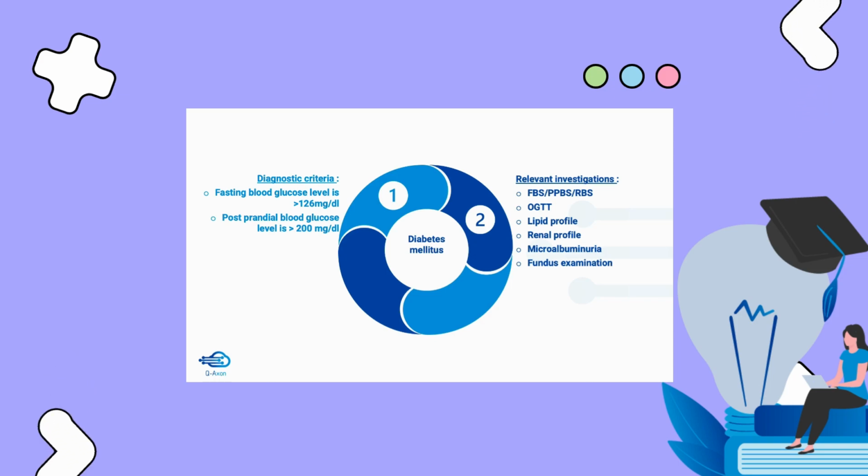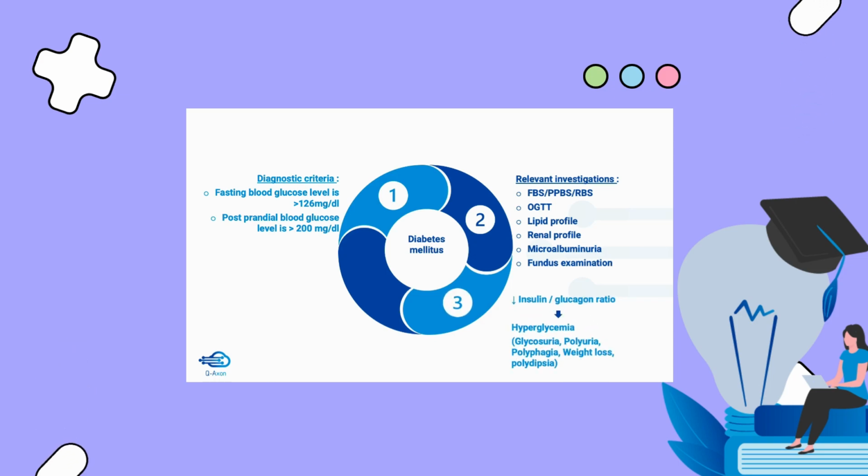So before getting into the investigations, let's see the biochemical changes or the metabolic changes I mentioned earlier. Because of these metabolic changes, we observe hyperglycemia ending up with glycosuria, that is increased excretion of glucose in urine. Because there is increased excretion of glucose, it carries more water, leading to polyuria.